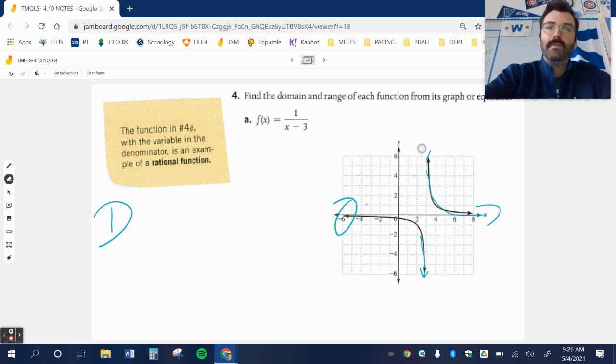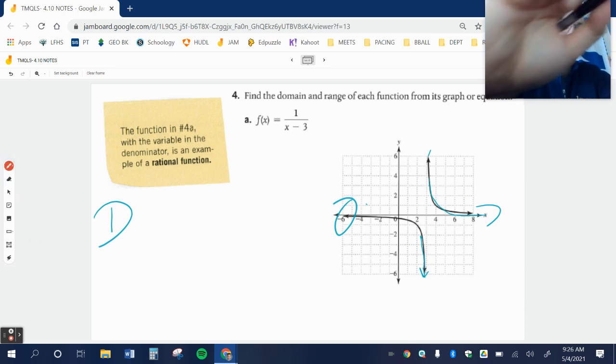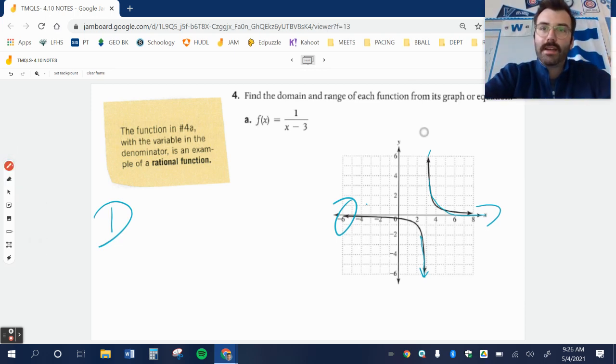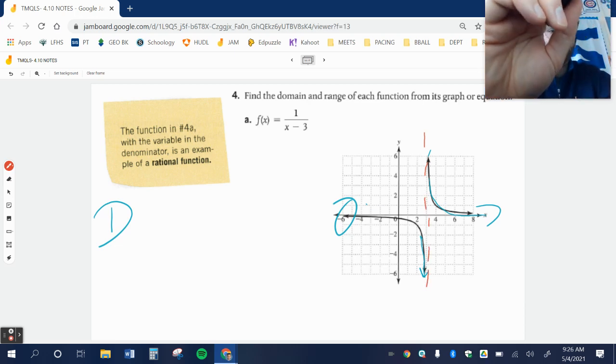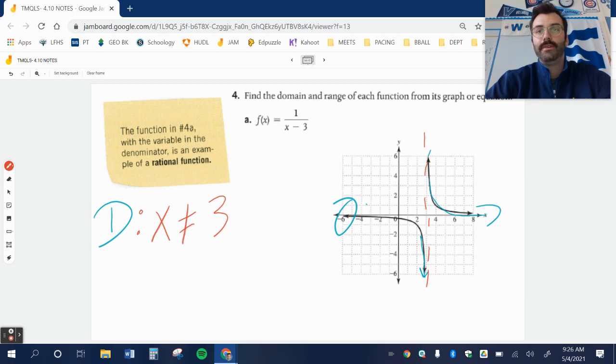So really, it looks as if the only value that we cannot have for x is at this imaginary vertical line. So our domain, well, what can x not equal? Domain: x cannot equal 3. That's the only restriction that we have.